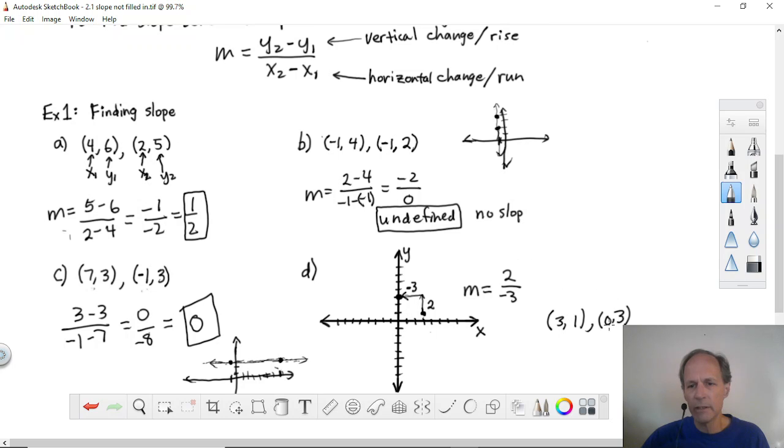What we've been doing is calling the first one x sub 1, y sub 1, the second one x sub 2, y sub 2. So let's do that. We have y2 minus y1, that's 3 minus 1. And we have x sub 2 minus x sub 1, and that's our 0 minus 3.